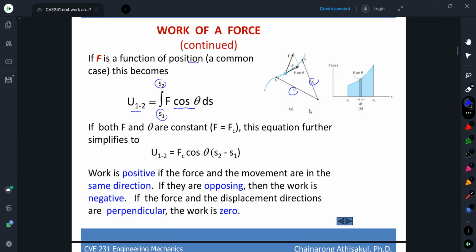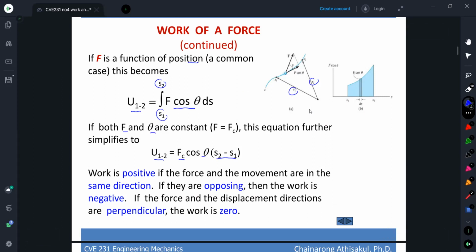And if both F and theta are constant, this equation simplifies to F cosine theta times the difference in position, S2 minus S1.